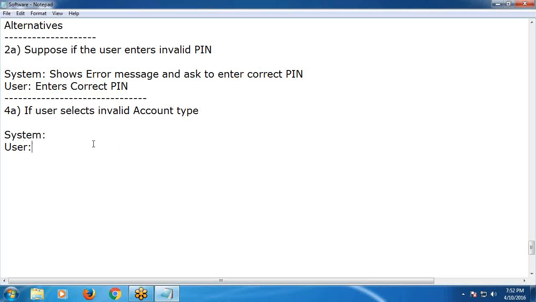System shows error message and asks to select correct account type.